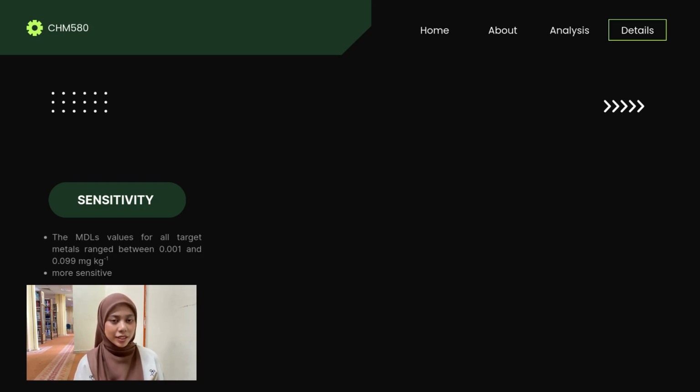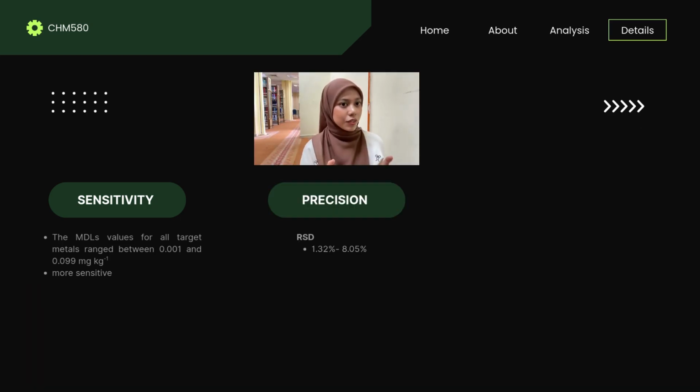The analytical method using ICP-OES is sensitive because the MDL values for all target metals range between 0.001 and 0.099 mg per kilogram, which indicates that ICP-OES can detect a very small amount of analytes. Next, the average relative standard deviation of concentration of target metals ranges from 1.32% to 8.05%.